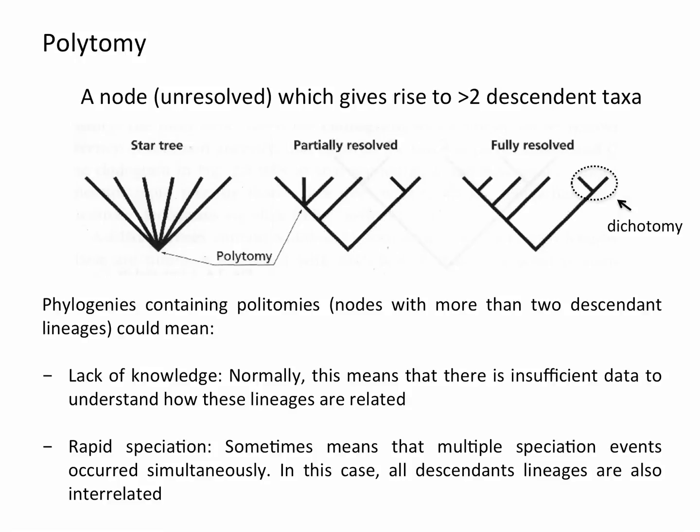Polytomies could be caused by a lack of knowledge, which normally means that there is insufficient data to understand how the lineages are related, or could be caused by rapid speciation events in a population. Usually, we want to obtain a phylogenetic tree with no polytomies, which means a fully resolved tree.